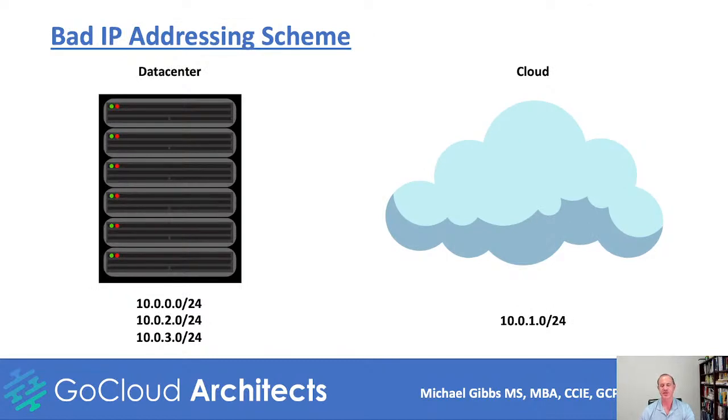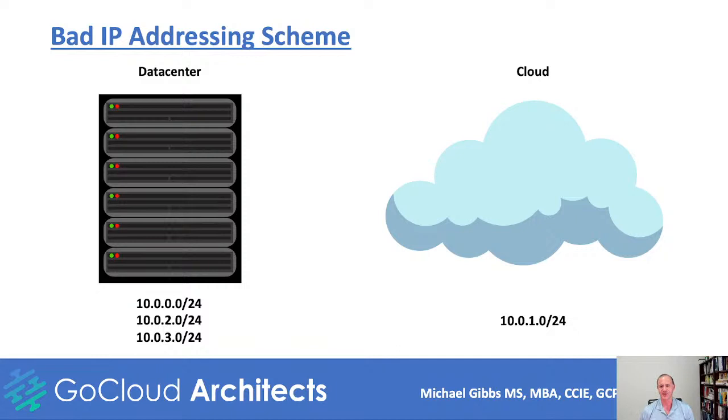If you don't summarize the routes, and the data center tells the cloud, hey, I have 10.0, 10.2, and 10.3, and the cloud tells the data center, I have 10.0.1, everything's going to work perfectly. Because they're not overlapping IP addresses, they're an overlapping CIDR range. IP addresses are still unique. We don't need NAT.